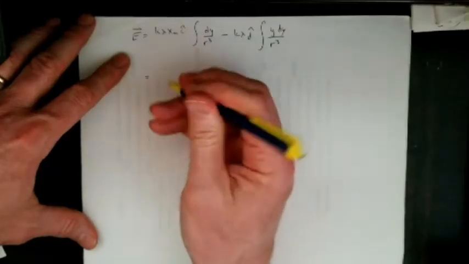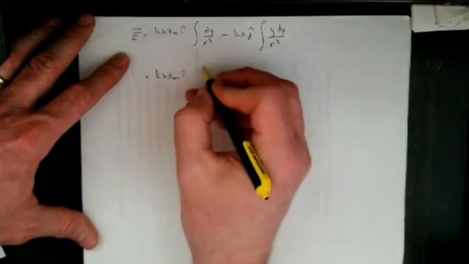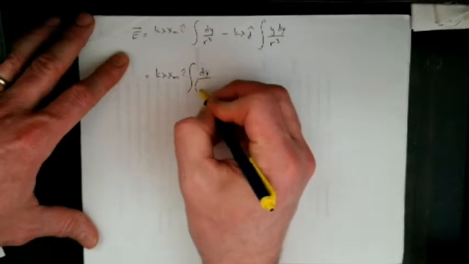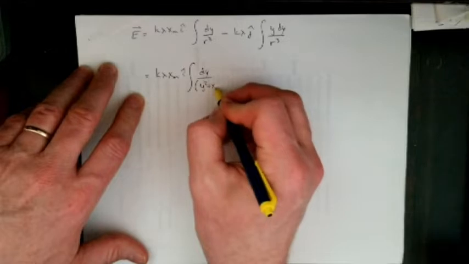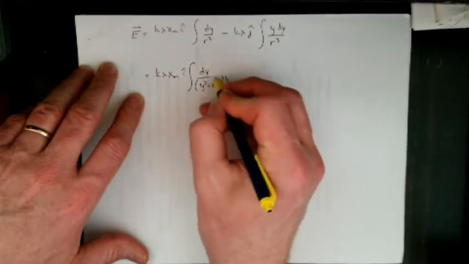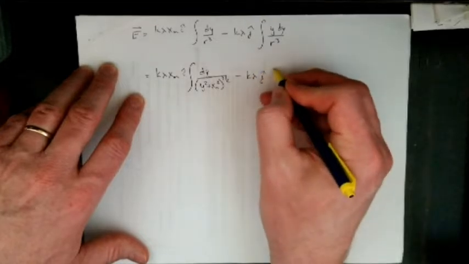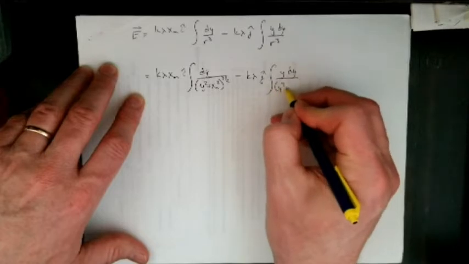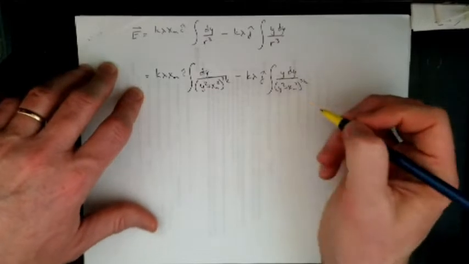This becomes k lambda x sub m i hat times the integral of dy over y squared plus x sub m squared to the 3 halves, minus k lambda j hat times the integral of y dy over y squared plus x sub m squared to the 3 halves.